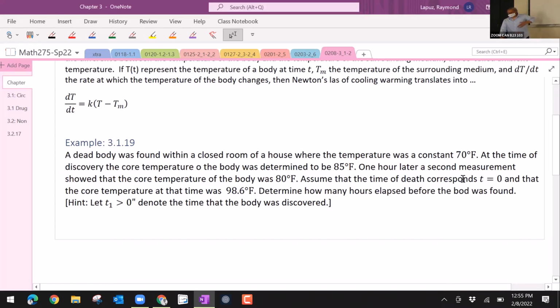So they want us to determine how many hours elapsed before the body was found. And that time stamp we're going to use is going to be T1, just because we don't know what it is. So let's let another random variable be that time, and then we'll figure that out, hopefully.